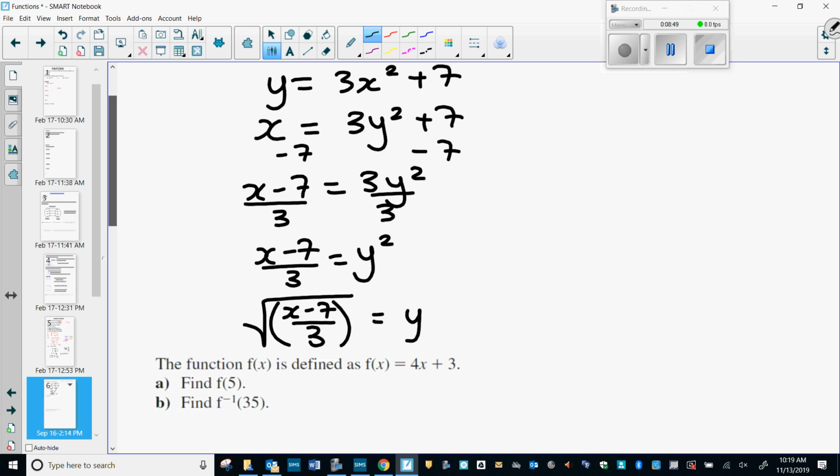What else should we be including these days? Plus or minus, when we're square rooting. So our f⁻¹(x) is plus or minus the square root of (x minus 7) over 3.